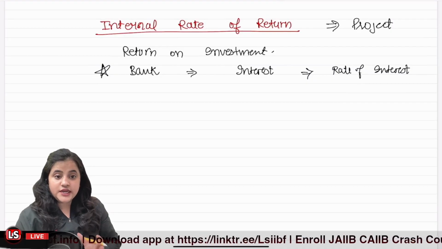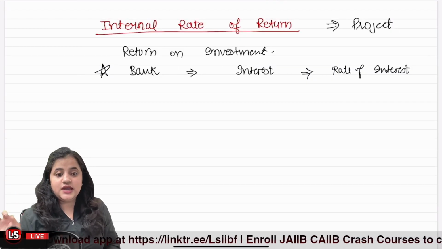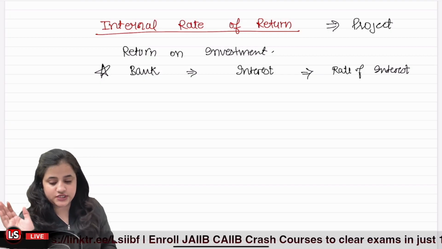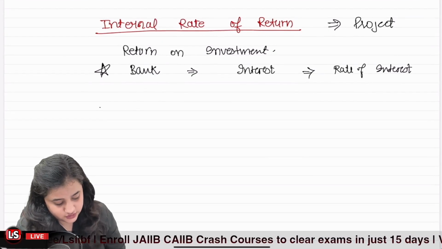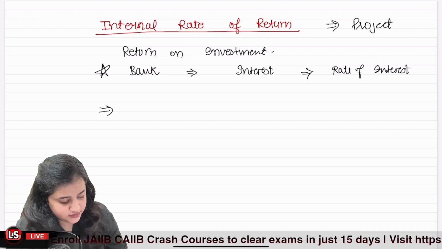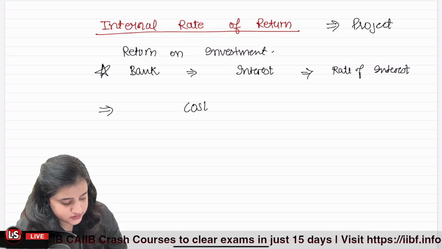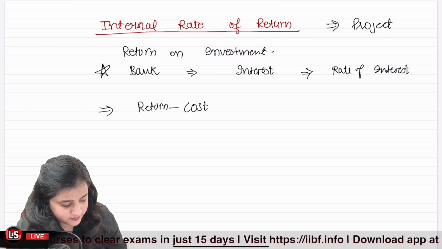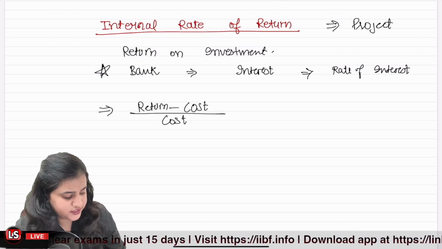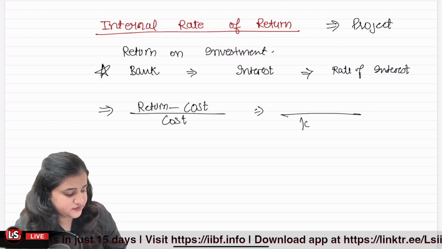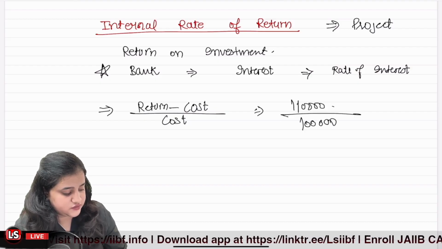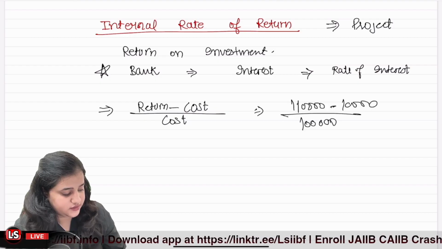Now, let's go back to the basics. We already know how to calculate the return on a project. What is the formula for calculating return? Simply the return we got minus the cost, divided by cost. If I invested 100,000 today and I got 110,000, what is my return?